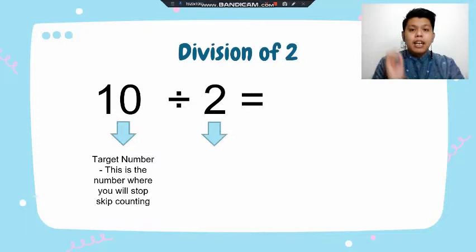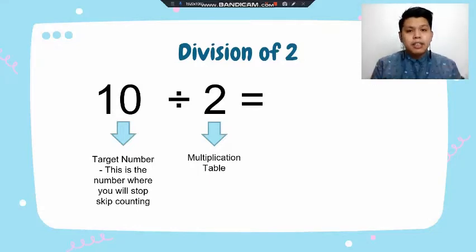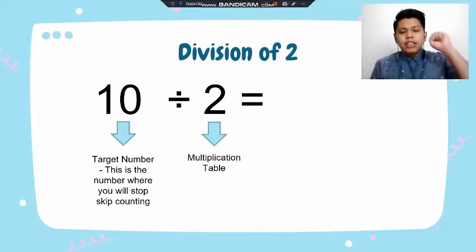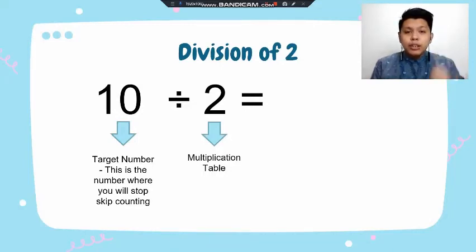Next is the divisor, or we will call it the multiplication table. Our divisor will be our multiplication table. So if it says 2, it means we are going to skip count, or we are going to recite the multiplication table of 2. Okay, so let's give it a try.